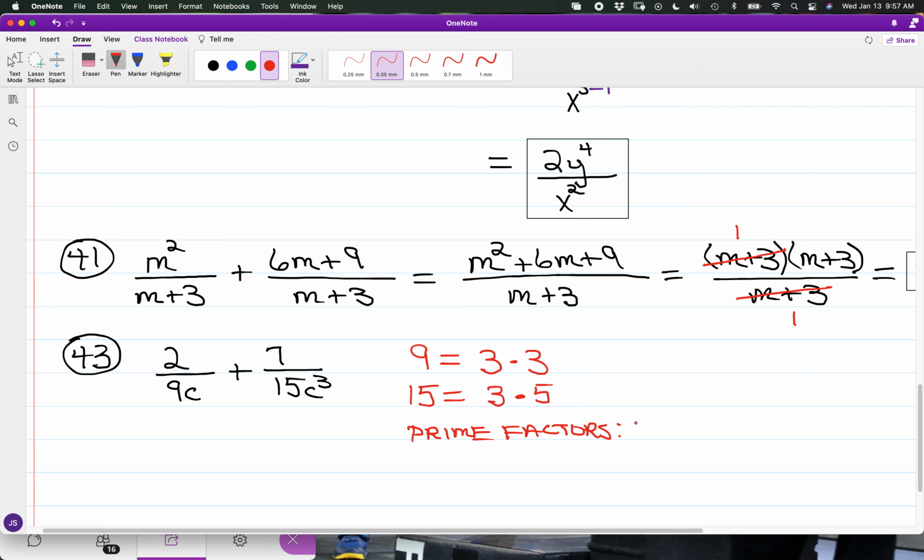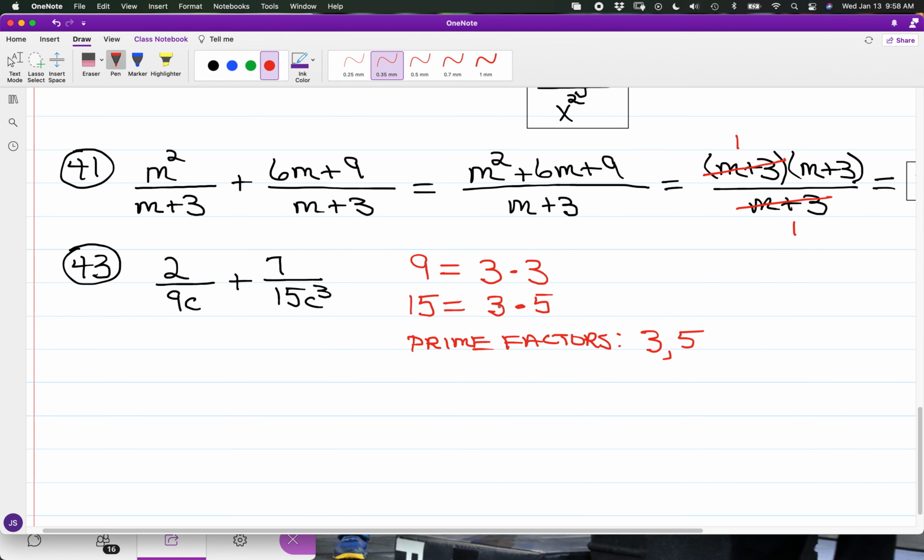So with prime factors, we have the numbers 3 and 5. I'm also going to mention the variable factor c.